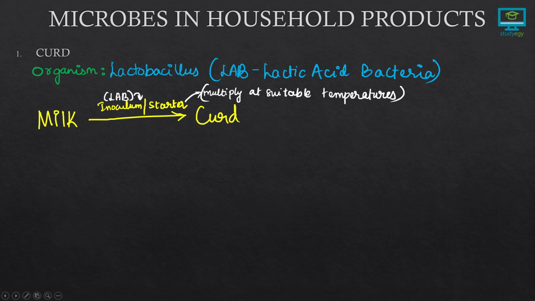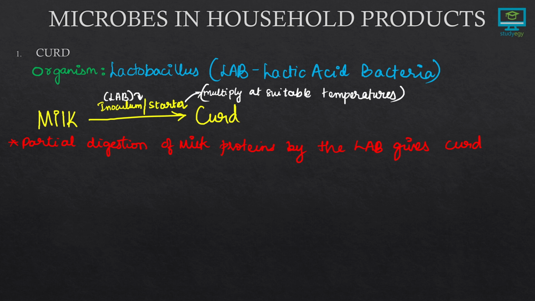What actually happens is the partial digestion of milk proteins by the LAB gives curd. Suitable temperature matters, because usually in summers we can set the curd faster compared to winters. So suitable temperature is also required for the multiplication of the bacteria.